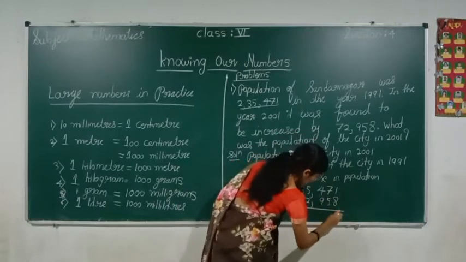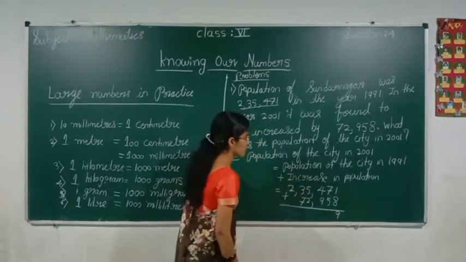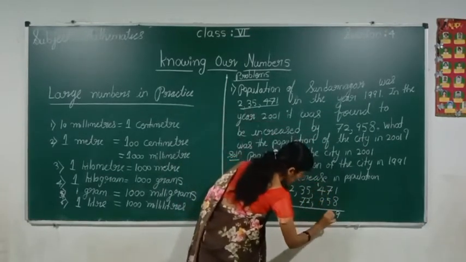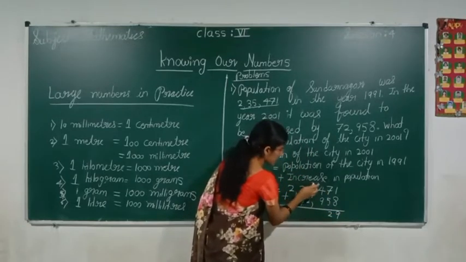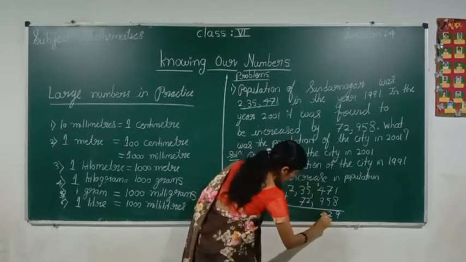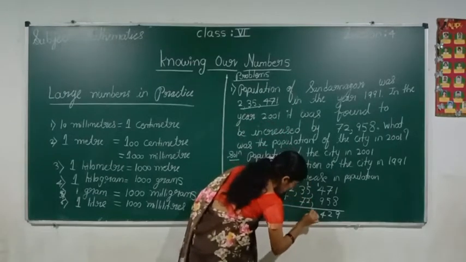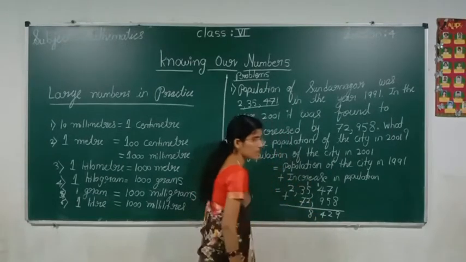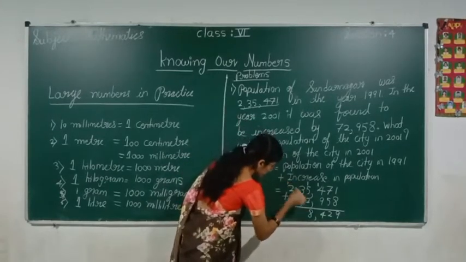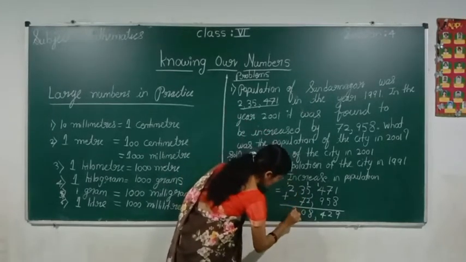8 plus 1 is 9, 7 plus 5 is 12, 9 plus 1 is 10, 10 plus 4 is 14, 5 plus 1 is 6, 6 plus 2 is 8, 7 plus 3 is 10, 2 plus 1 is 3.